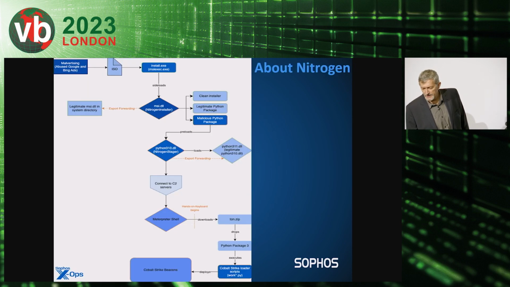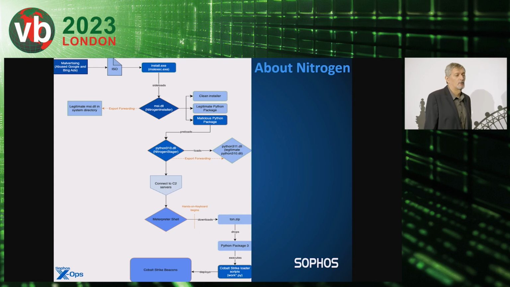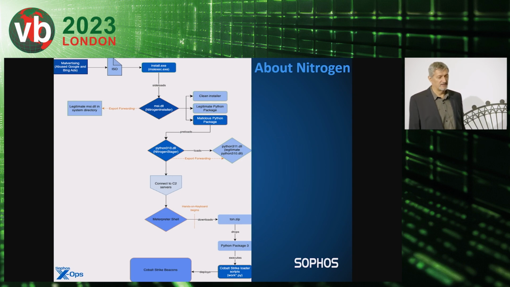The actual infection process is quite complicated. So I'm just running through the basic parts of it. So the Google ad, the advertising leads to the distribution sites where an ISO installer is downloaded. The ISO installer will sideload the malicious installer DLL that will drop a couple of full Python execution packages, and also the decoy installer for the clean application that it promises to install.